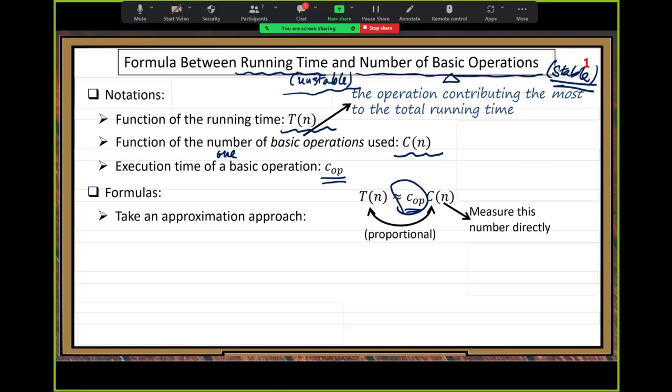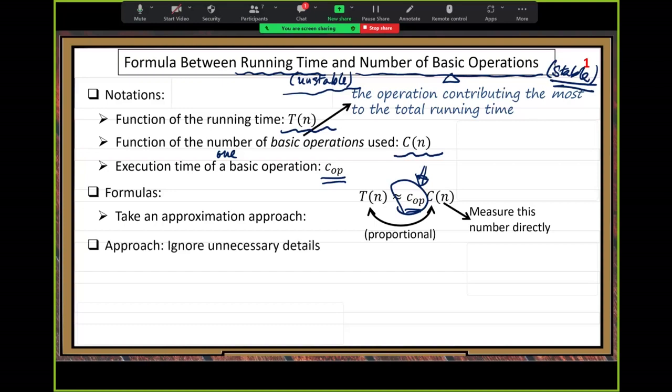But the connection between these two measures on the same computer is a special constant, which can explain the detailed connection between these two functions.